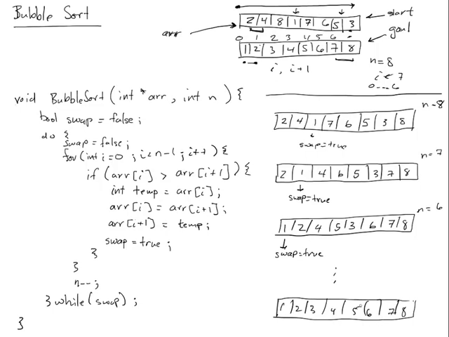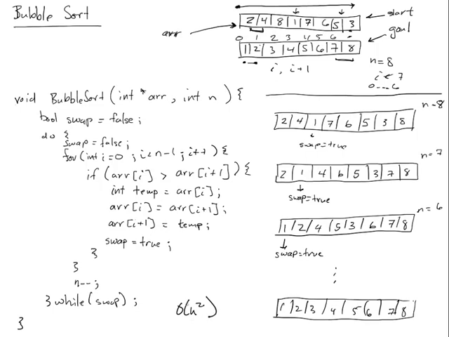And the reason why we don't actually ever want to use this is because when we start looking at the complexity of our algorithms, we're going to find that this is going to run in what's called big O n squared time.